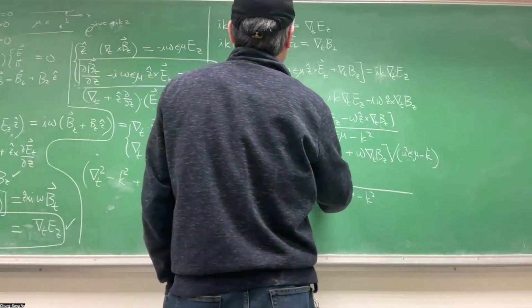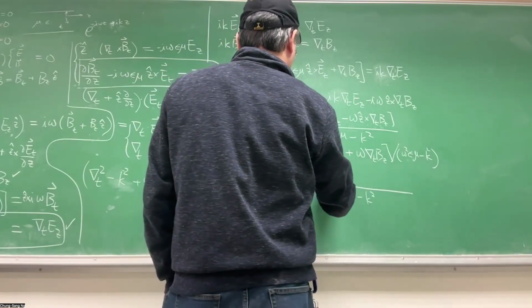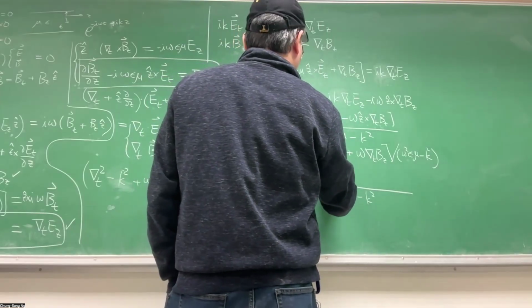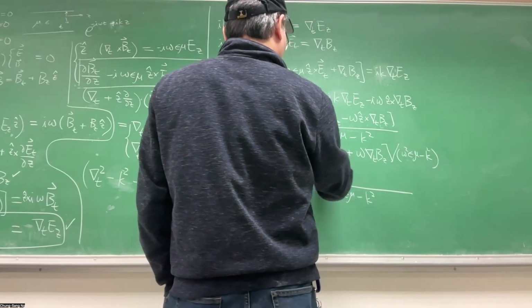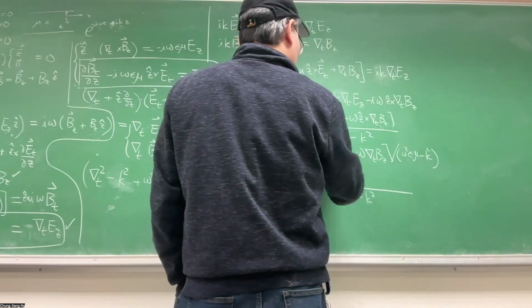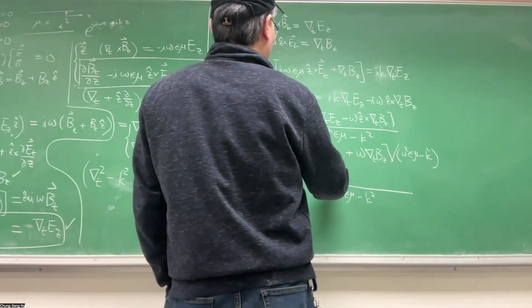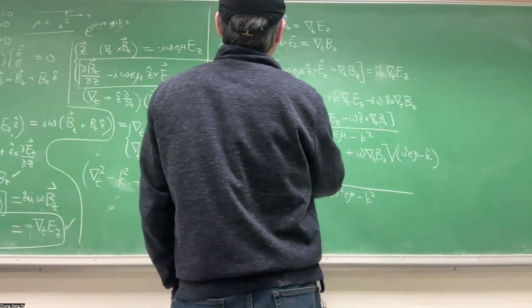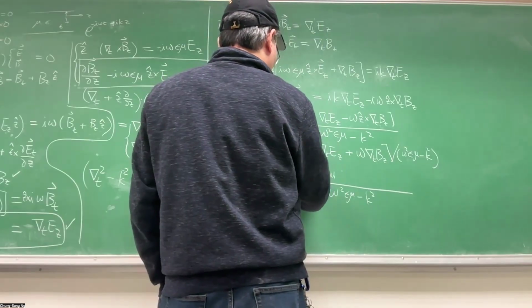Okay, and then you have minus i omega epsilon mu, and the rest is this one. You all divided by that, and you have an i here, and you multiply by minus i, which is plus 1.